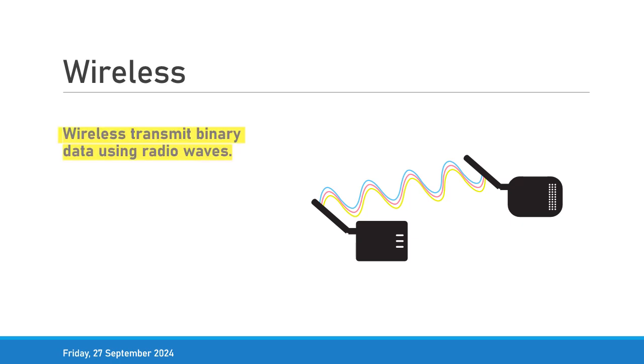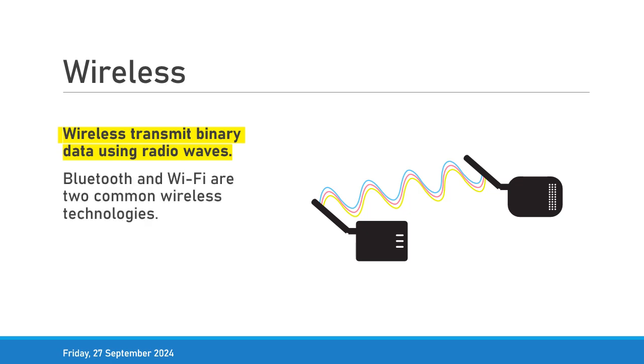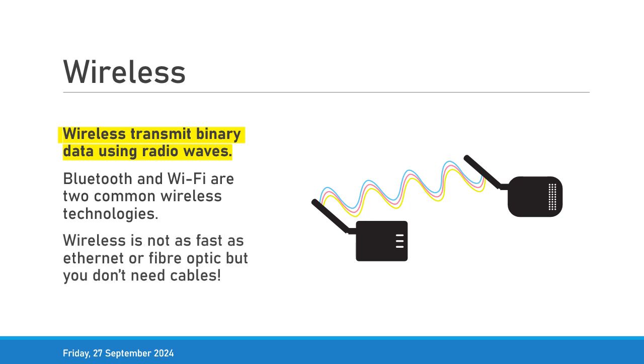But from your phone to that wireless access point, you're actually using radio waves to send those ones and zeros. Both Bluetooth and Wi-Fi use radio waves to do this. Wireless is nowhere near as fast as fiber optic and nowhere near as fast as Ethernet either. But a massive advantage is the fact that you don't need any cables.